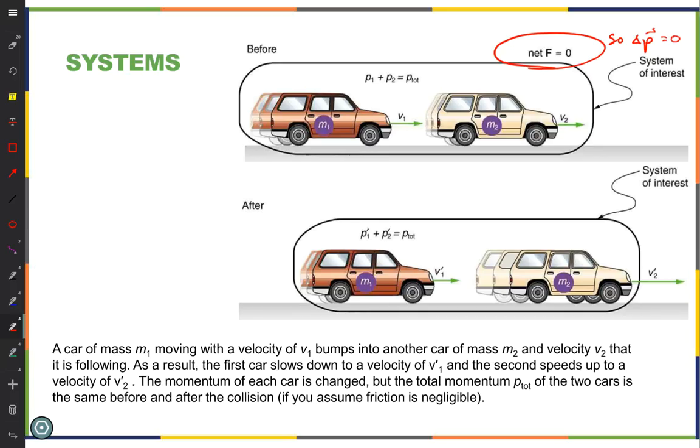So momentum is conserved. So that's the first step you need to do: identify, do I have a system where the net force on the system is 0, so momentum is conserved within that system? If momentum is conserved, then we're going to be able to use conservation of momentum as a solving method.